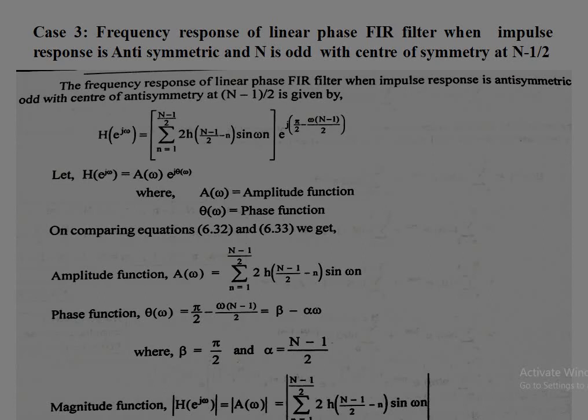You can once again split your impulse response into the same parts and proceed further, but you will be able to see that there is a term with respect to your exponential which is equal to e power j pi by 2, and this is an imaginary term actually, and this makes our frequency response imaginary.